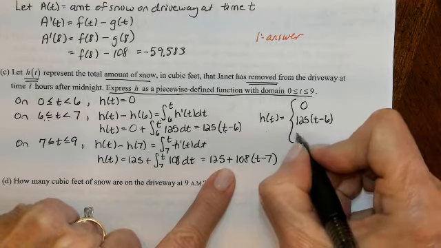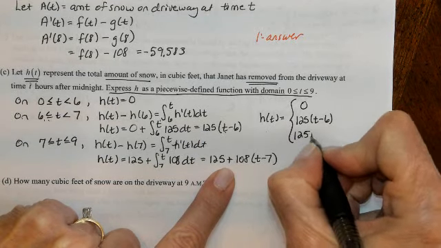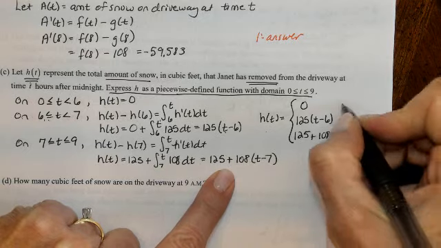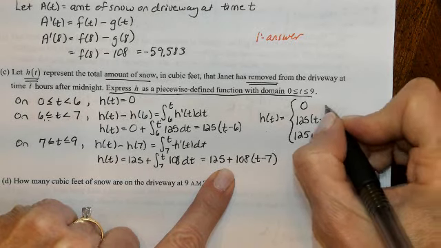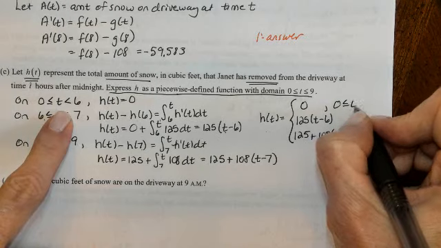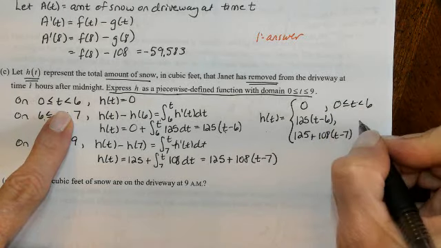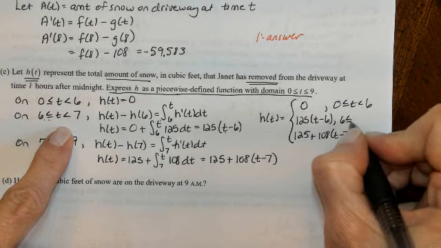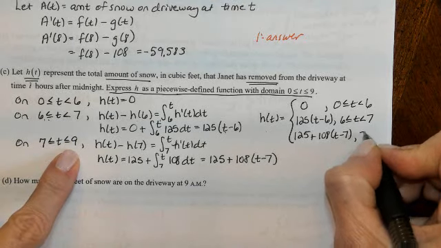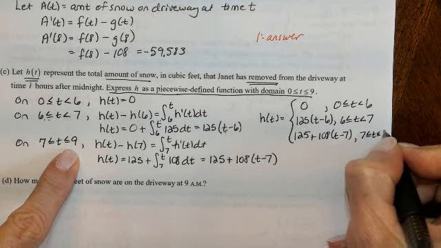And for the last piece, 125 plus 108 times t minus 7. And this is good. This 0 is good on 0 to 6. The second piece is good from 6 to 7. And the last piece is good from 7 to 9.